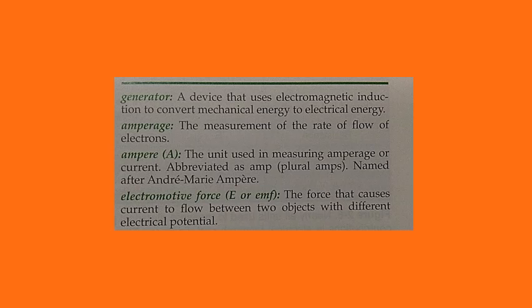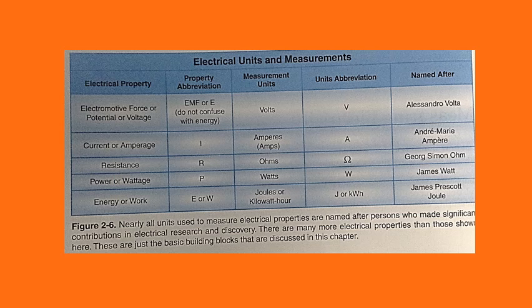Work. Work is the measure of how much power is applied or consumed over a period of time. Work is measured in joules. 1 joule is 1 watt per second.